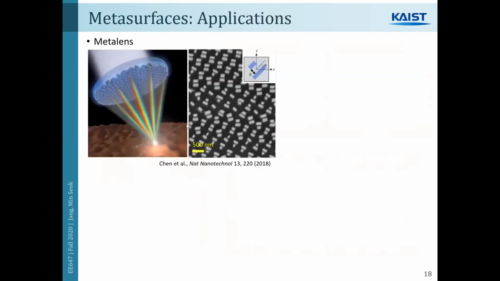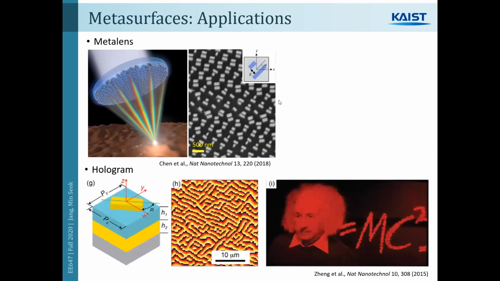So for instance, you can use it to create a metalens. Okay, so you can make an extremely thin lens that can potentially replace the current thick glass lenses. And you can also do a hologram, which is also very thin and really high resolution.